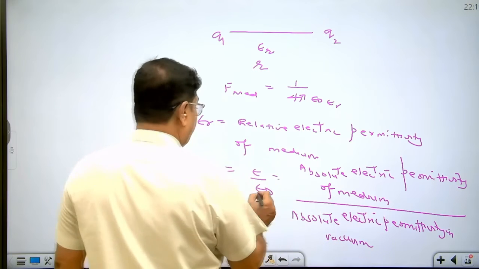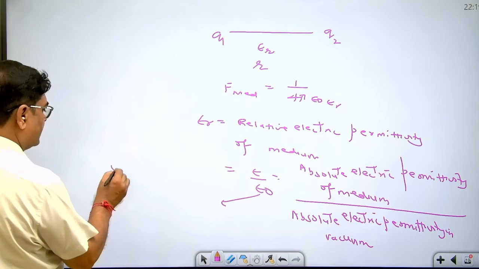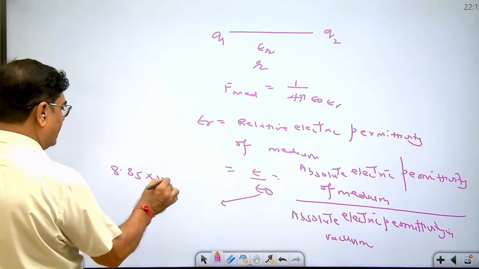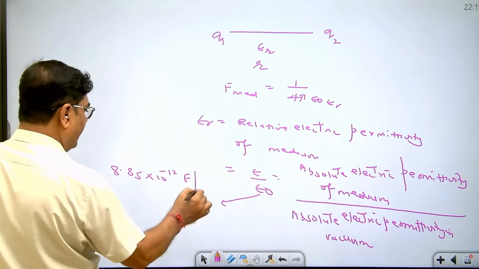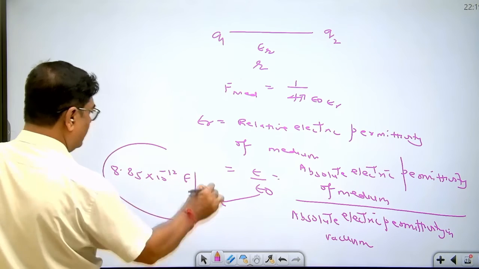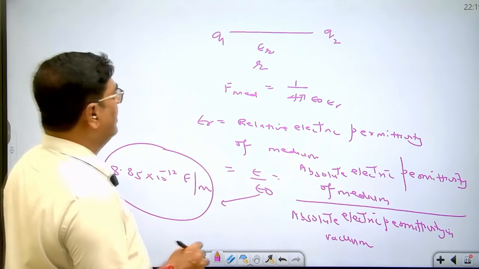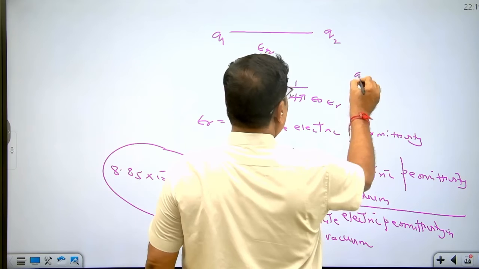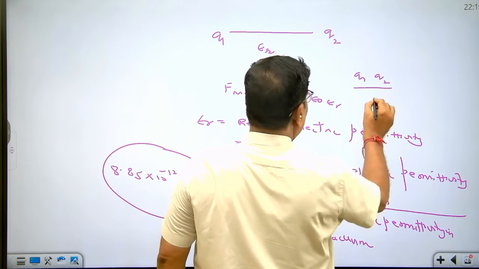The value of epsilon 0 is standard. This is 8.85 into 10 to the power minus 12, and the unit is farad per meter. This is the value of epsilon 0.